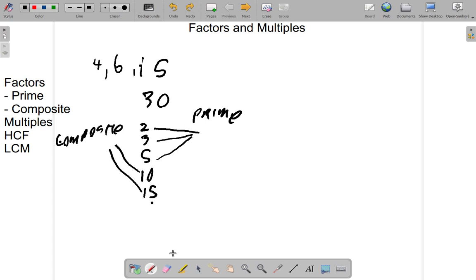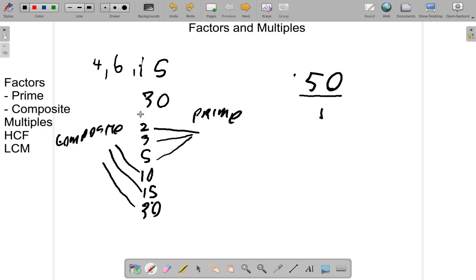Now let's look at one more. What about the number 50? Let's take out the composite factors and the prime factors. What are the factors of 50? Other than, oh, guess what? 30. There's 30 itself as a composite factor.